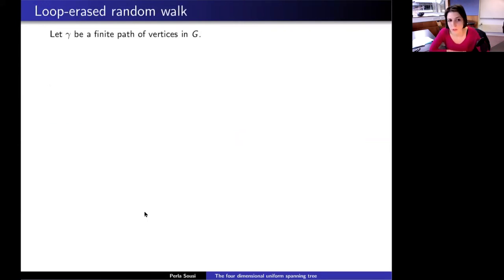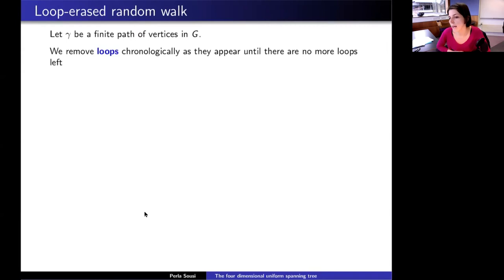Okay, so in order to talk about Wilson's algorithm, let me first define what we mean by a loop erased random walk. So if gamma is a finite path of vertices in G, I want to define the loop erasure procedure. So the way I'm going to erase loops is I will erase them in the chronological order in which they appear until there are no more loops left.